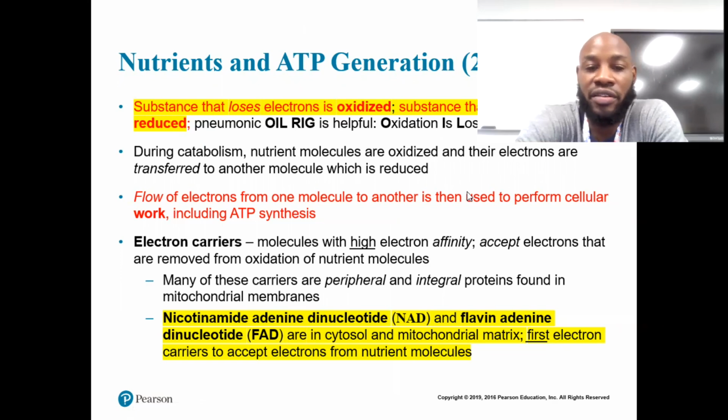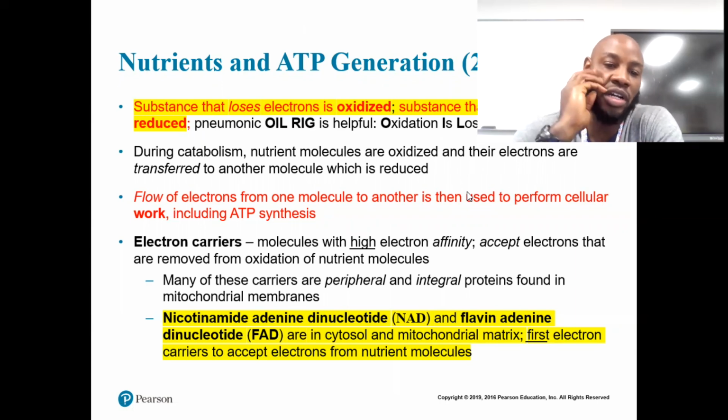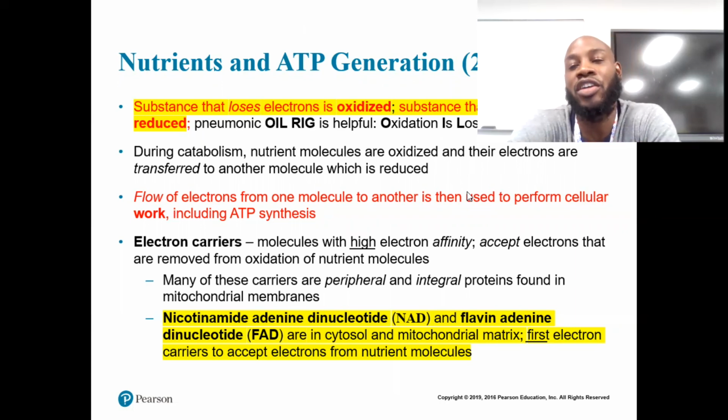We have electron carriers, which are molecules with high electron affinity, which accept electrons that are removed from the oxidation of nutrient molecules. And this is going to play a huge role in converting what we eat to energy. Many of these carriers are peripheral and integral proteins found in the mitochondrial membranes. Remember, the mitochondria are the powerhouses of the cell.